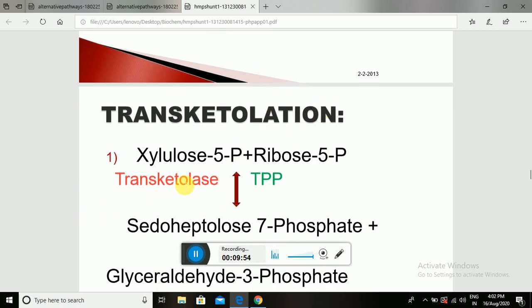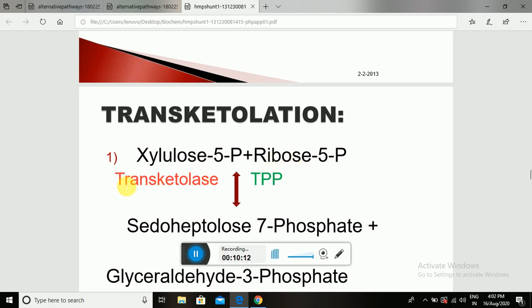Transketolation: xylulose 5-phosphate plus ribose 5-phosphate. They both are pentose phosphates. Xylulose is a pentose, and ribose is also a pentose sugar. But xylulose is a ketonic sugar and ribose is an aldose sugar.